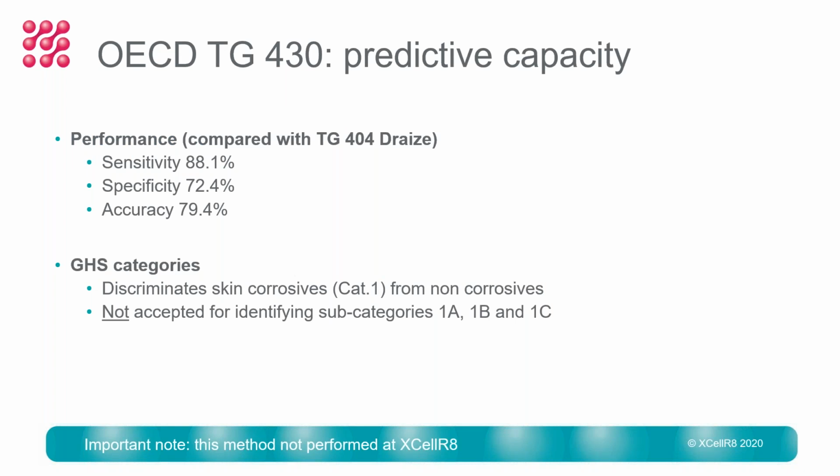The performance of this test compared with the DREs, the sensitivity was 88.1, specificity 72.4, and the overall accuracy 79.4.